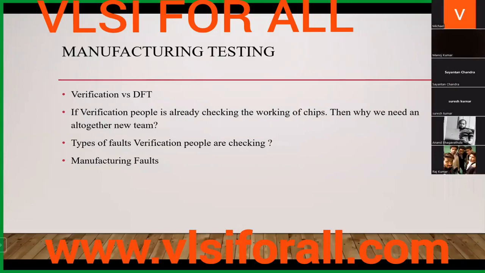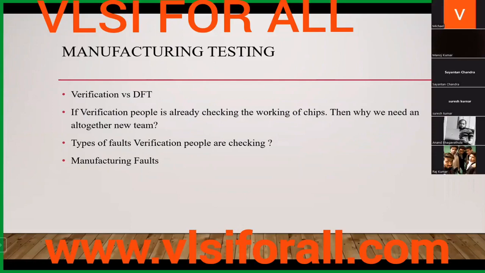DFT engineers, so it's a full process. The DFT engineer is actually planning what type of design we want to insert. There are tools also they can use, because we have different DFT IPs, which are helpful for a DFT engineer to test their circuit. That is also part of DFT, where you insert or generate different hardware, and the testing also.